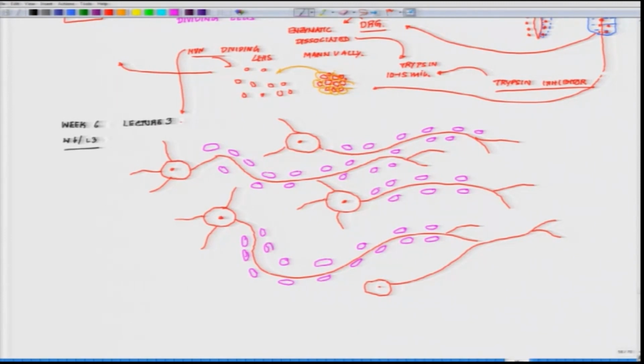They may slowly divide like this, and they may form something like this out here.